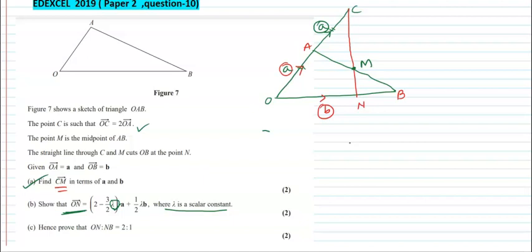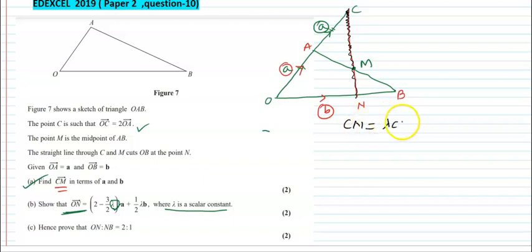So if you see this CN side, this zigzag line CN, this CN must be some scalar multiple of CM. Because CN is along CM, it must be some scalar multiple, lambda CM, we have written.